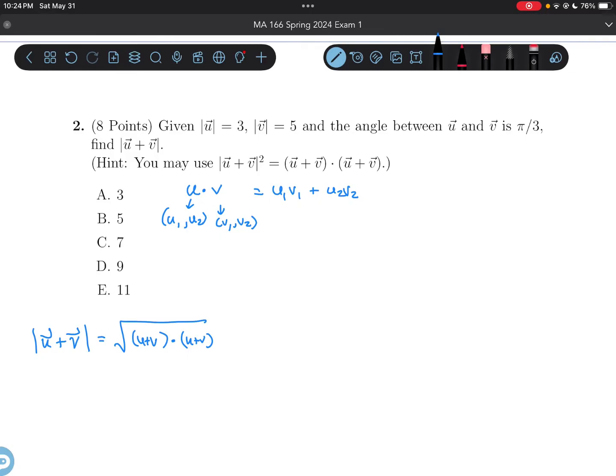And that's one formula. The other formula states that u dot v is equal to the magnitude of u times the magnitude of v times cosine theta.